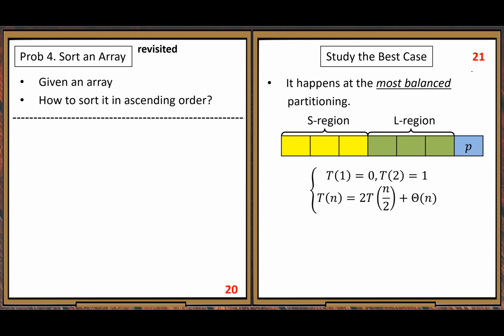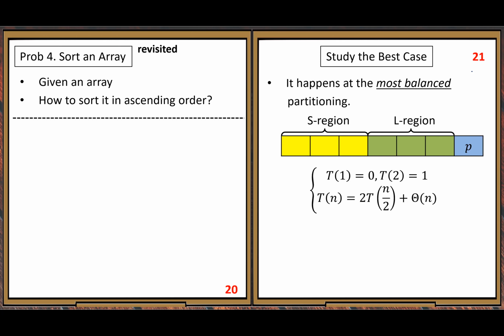If we write the recurrence relation, it should be like this one. We have some initial values for the T function, and the main recurrence equation is like this.